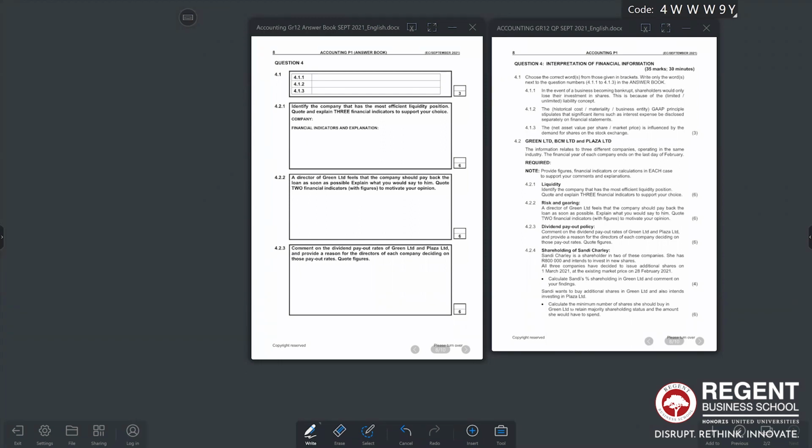The first question is to fill in the blanks. They said choose the correct words from those given in brackets. In the event of a business becoming bankrupt, shareholders would only lose their investment in shares. That means the money that they invested in that company, they would lose.